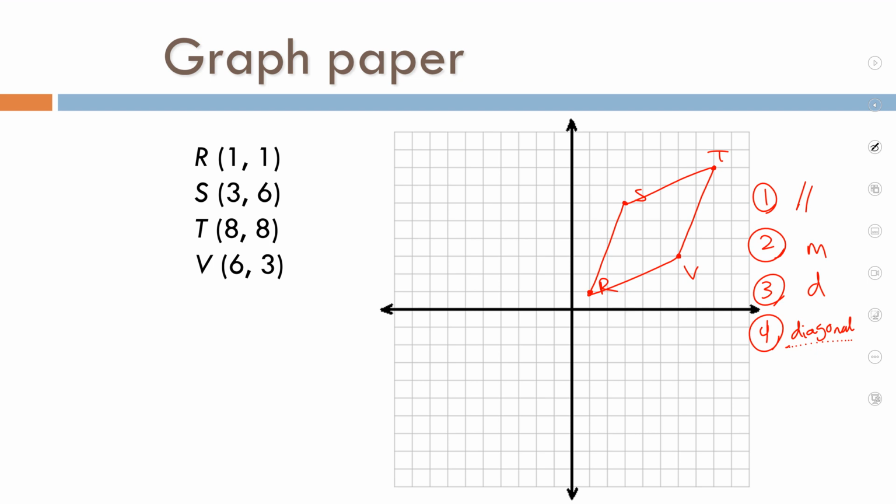How do I know if RS is parallel to VT? The slopes of the lines are the same. So I actually kind of let you go, but notice that answers 1 and 2 are the same thing. In case you didn't hear Leah, she said, if I want to see if RS is parallel to VT, I need to calculate their slopes, and if their slopes are the same, we're good to go.